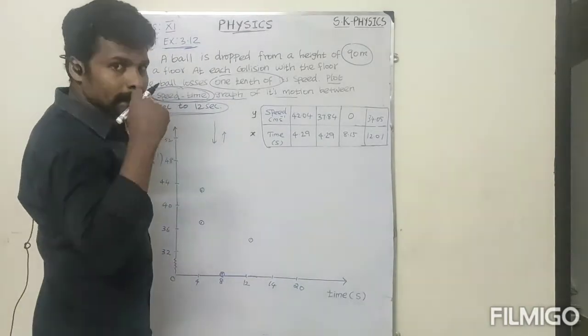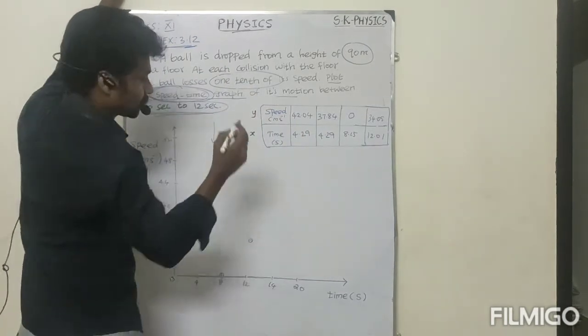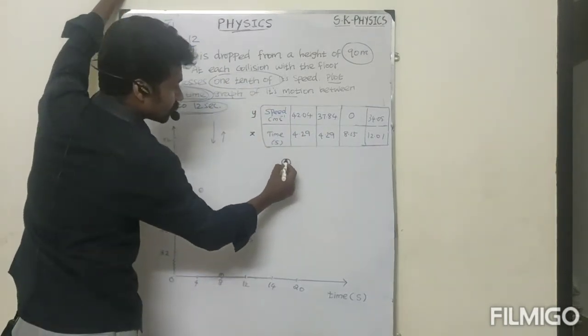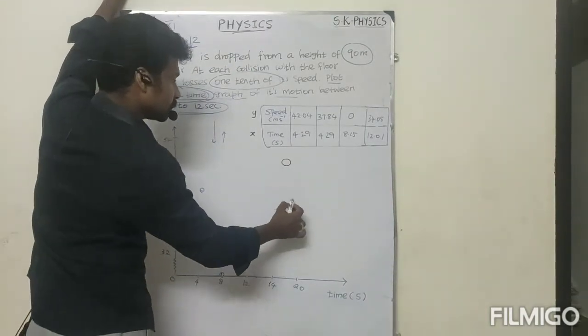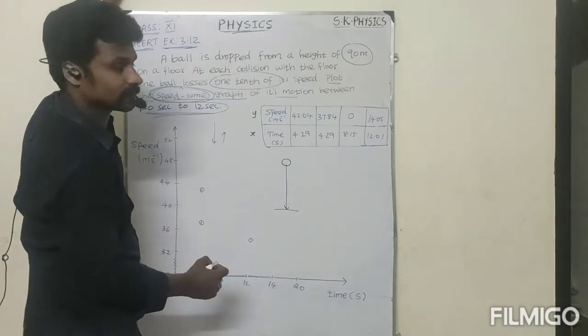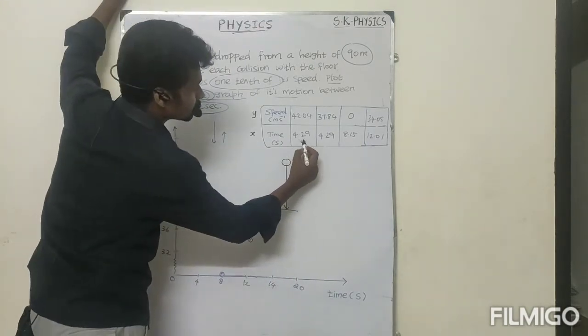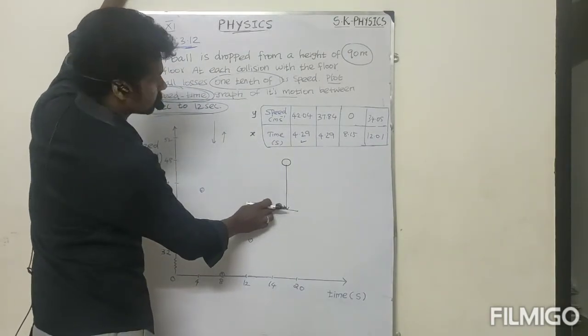Listen, first you understand this data. First I leave the ball at a particular height, to reach the ground in how many seconds? 4.29 seconds.